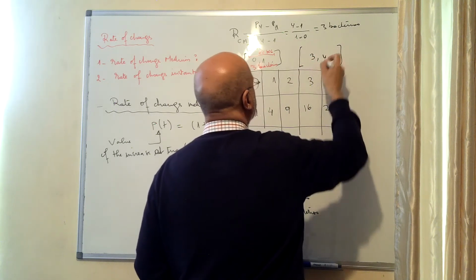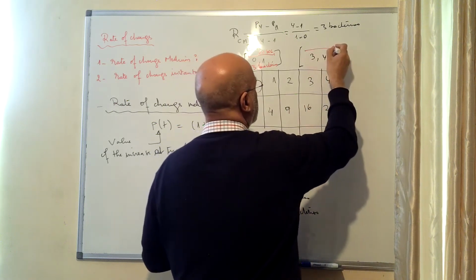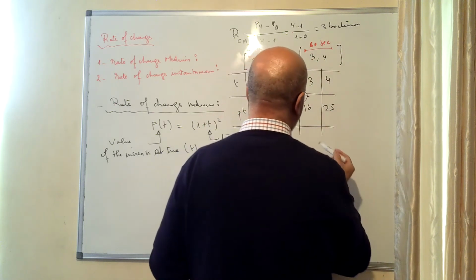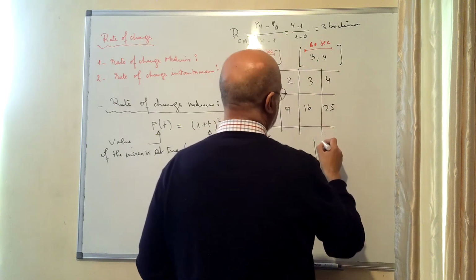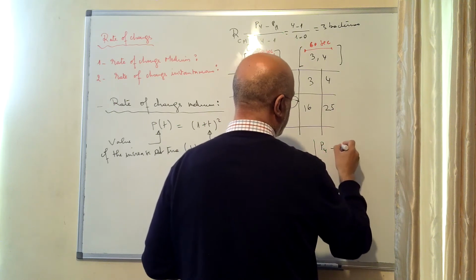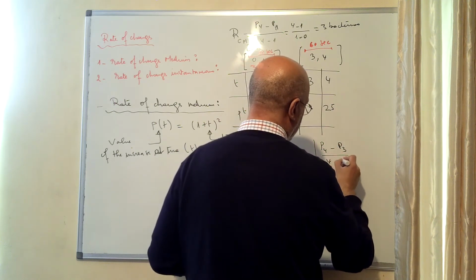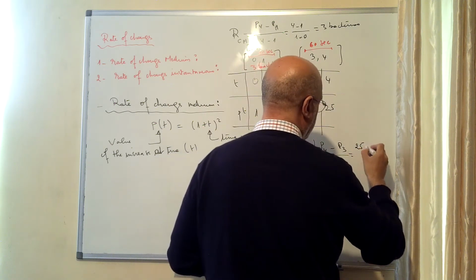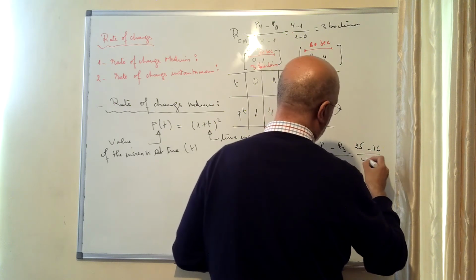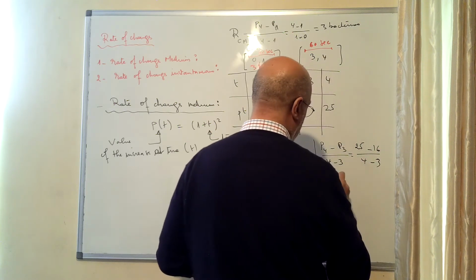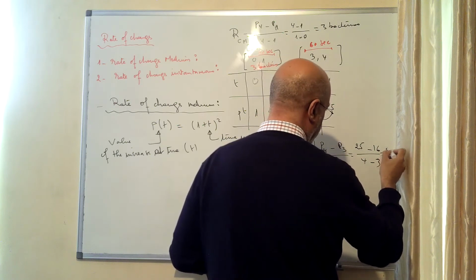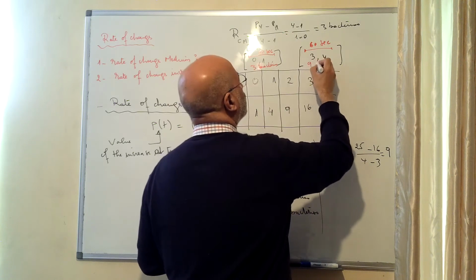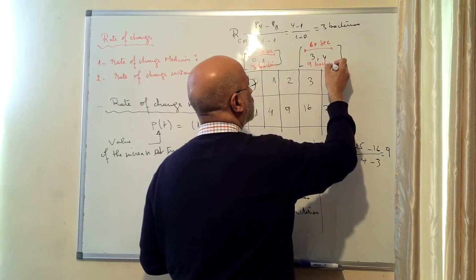So it's P4 minus P3 over 4 minus 3, which is 25 minus 16 over 4 minus 3. So it's 9 bacteria.